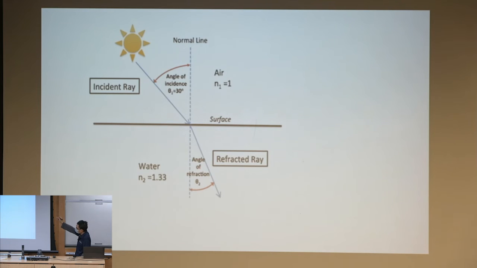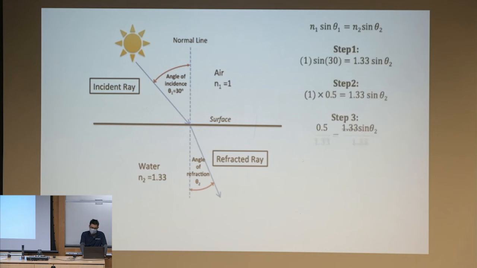I give you the index of refraction, which is 1 for air and 1.33 for water, and the incident angle is 30 degrees. Then what is the refraction angle? I will give you a couple of minutes to calculate, maybe 1 minute, or you can stop the video.